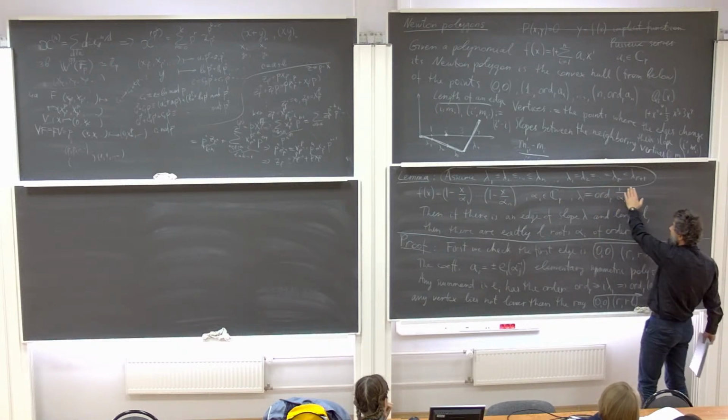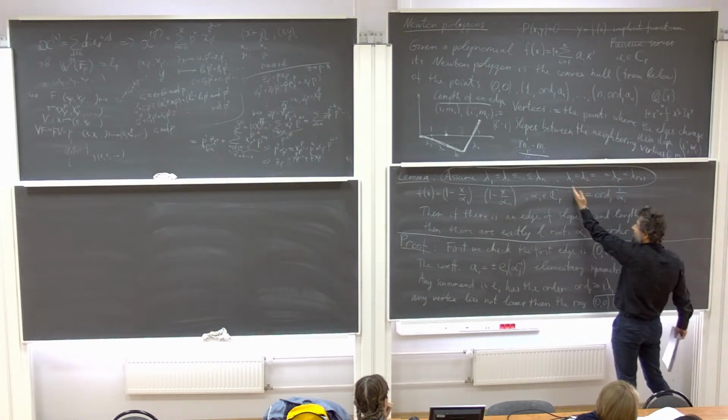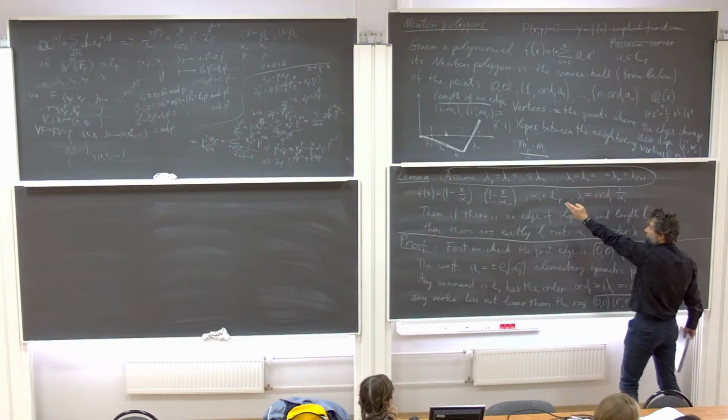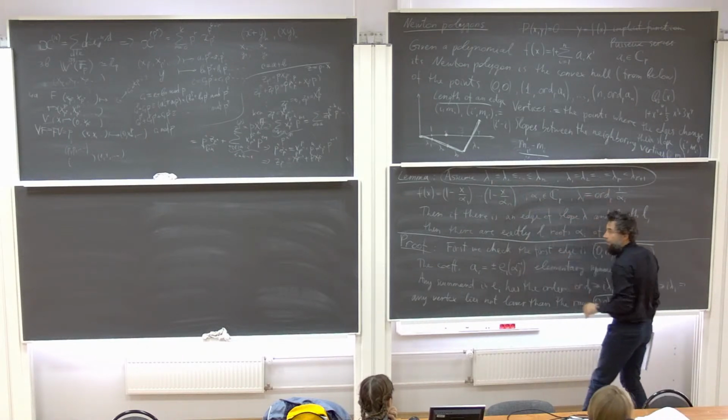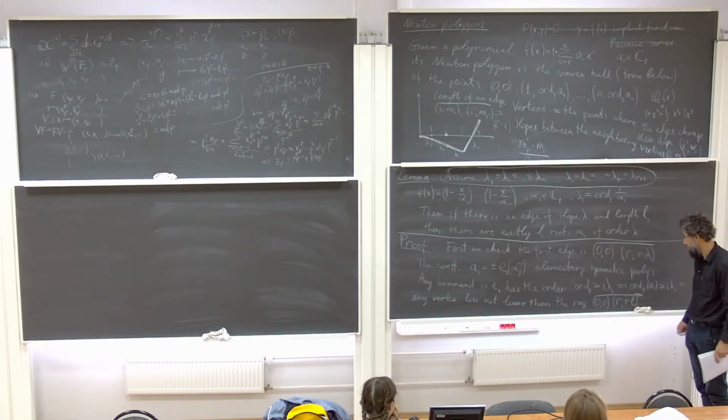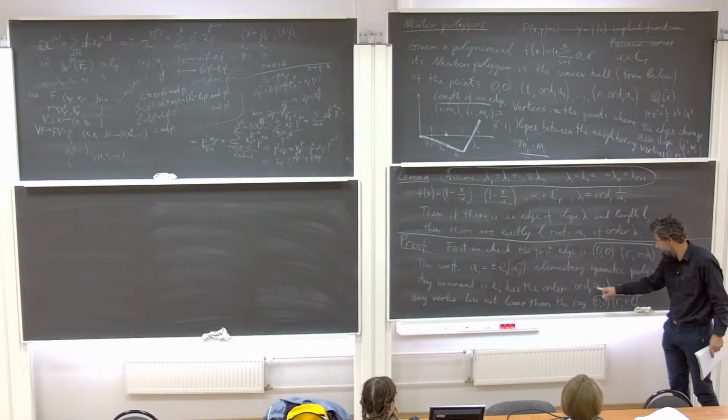But the minimal possible way to do this is to take those from the beginning, because they're ordered this way. Typically it will be even bigger, but at least this.